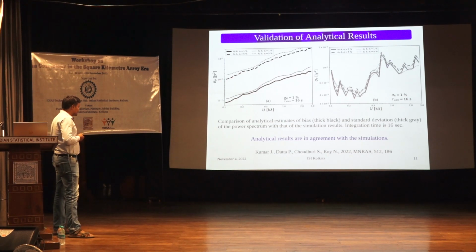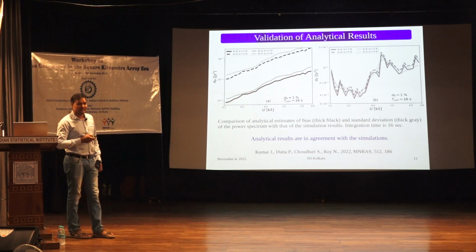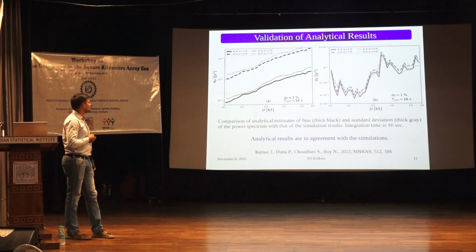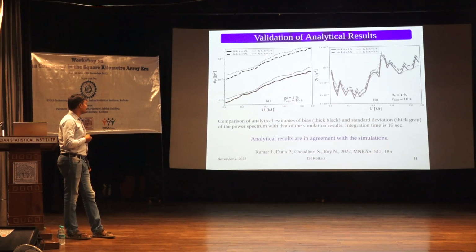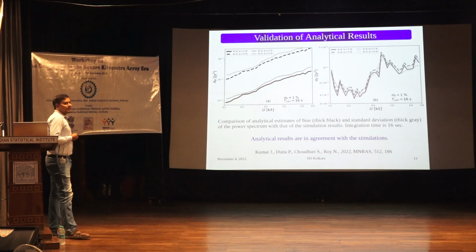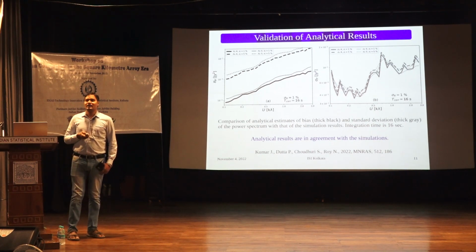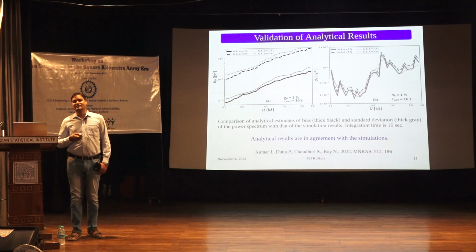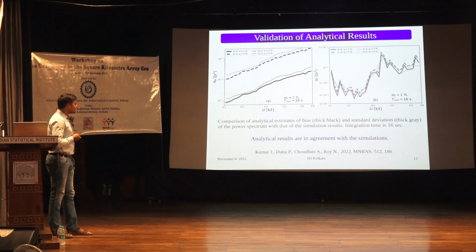These thicker curves show the results from the analytical expressions, and the thinner curves show the simulation results for various parameters, like sigma, the error in the gain, taken to be 1% and 5%, and we kept the other parameters fixed. We find a good agreement between the analytical results and the simulations. Similarly, on the right-hand side we show the similar results for the error in the power spectrum.